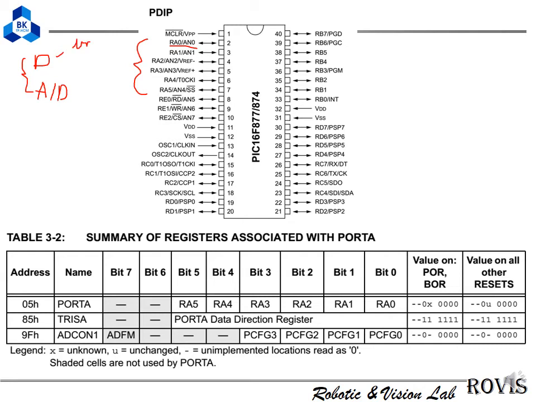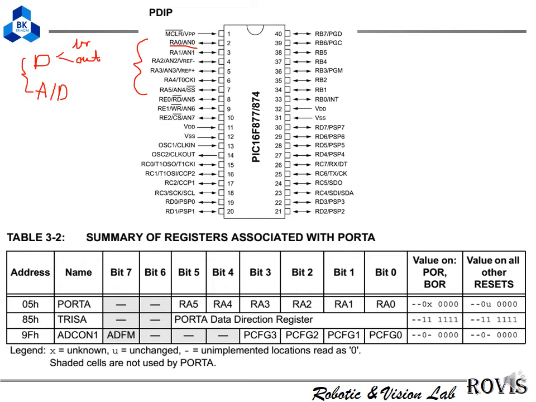In the digital function we will have the input and output function. So to use the input and output function, first of all we have to choose the function of the pin. We choose the digital function first, so we will have a method to choose this.